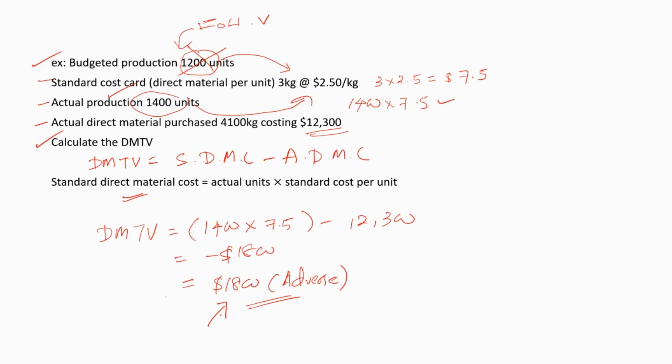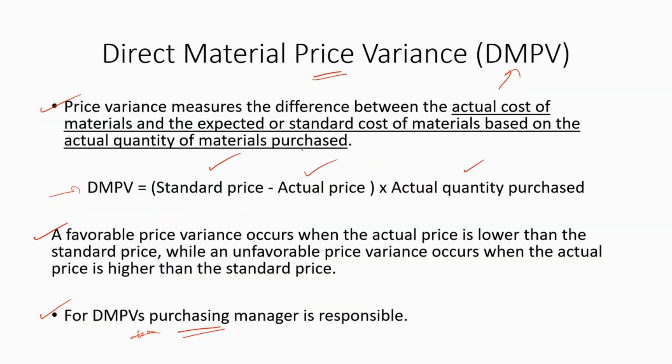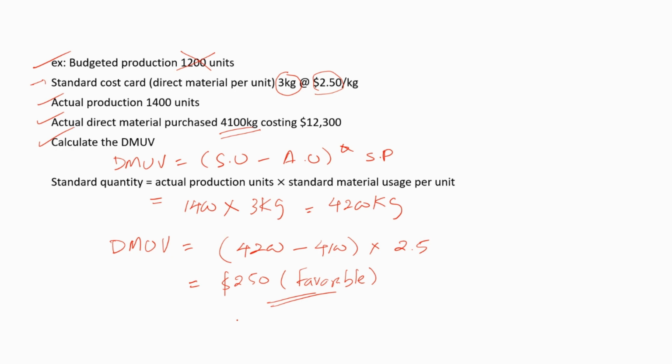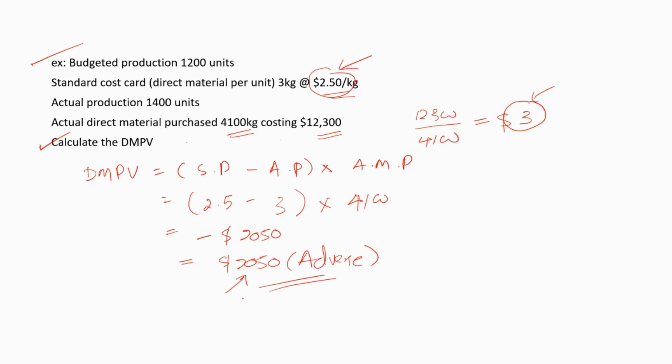The direct material total variance is equal to 1,800. This is an adverse value. Direct material usage variance is $250 favorable. Direct material price variance is $2,050.